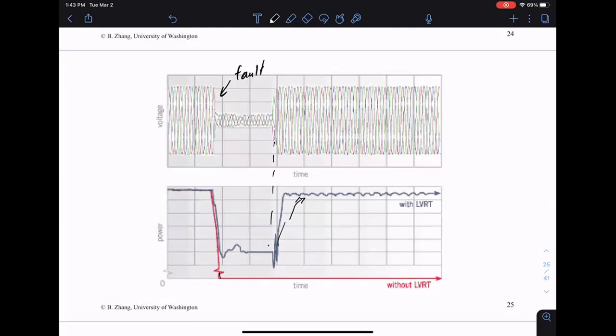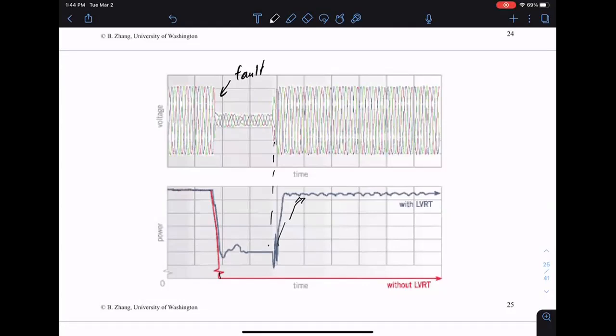For different turbines, you see that having this low voltage ride through capability is important. Physically, the way to do this is you need to be able to dump mechanical power. You need enough different devices in your circuit to get rid of additional mechanical power.